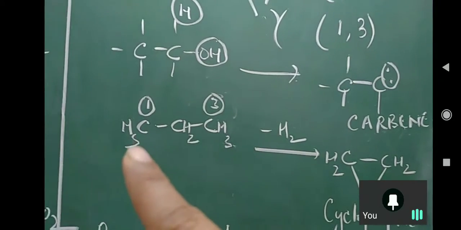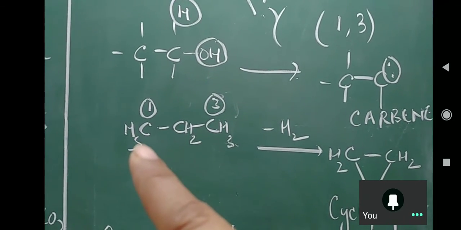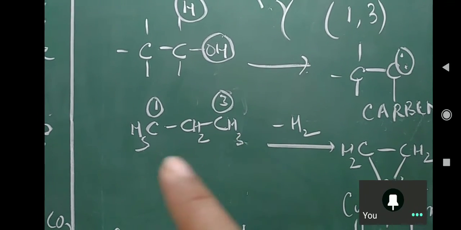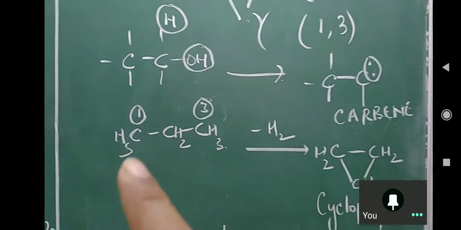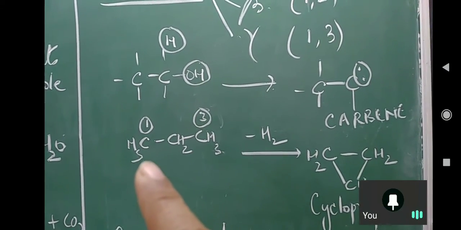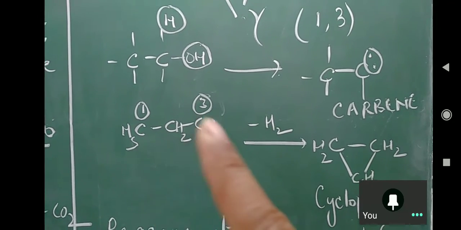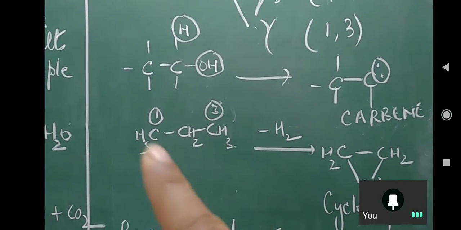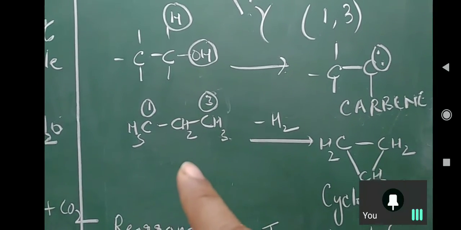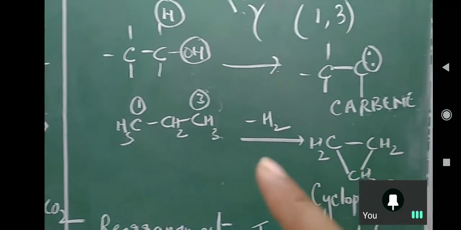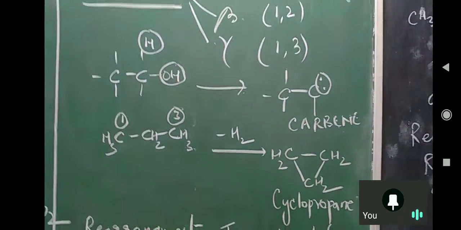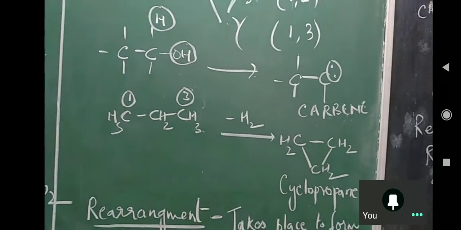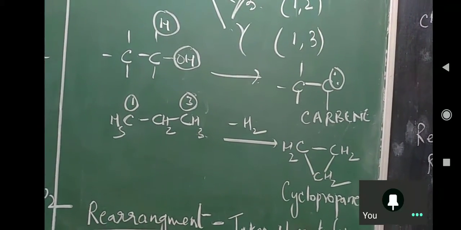If one hydrogen is lost, the other hydrogen is lost. One hydrogen is lost from here and one hydrogen is lost from here and they overlap to form a cyclopropane, that is CH2, CH2 and CH2. This is gamma elimination.